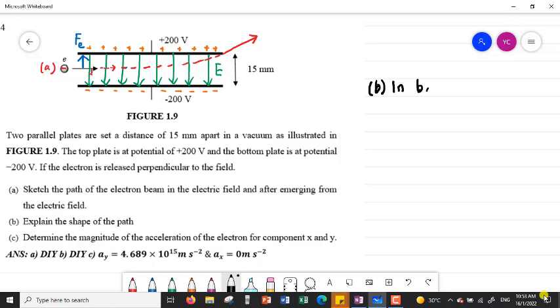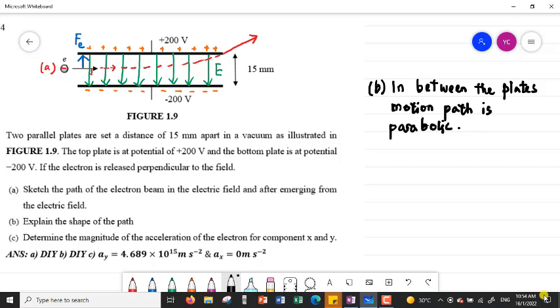In between the plates, as the electron moves in between the plates, we find that the motion path is parabolic. The motion path is parabolic, meaning that it is doing projectile motion. Why? Because the electron experiences electric force.